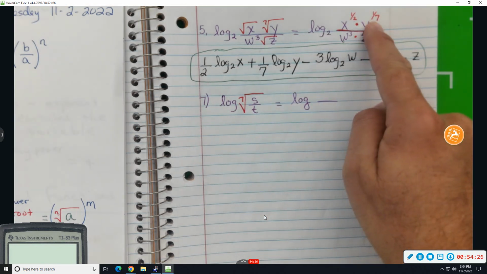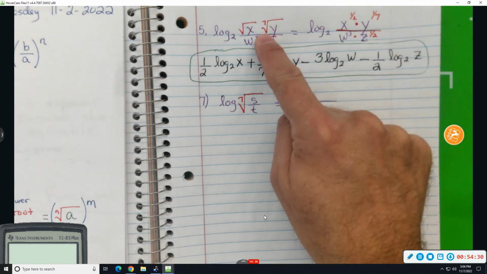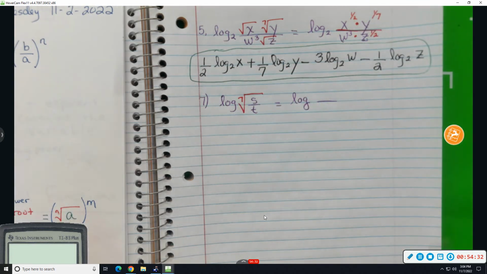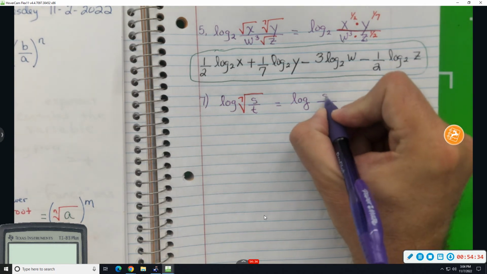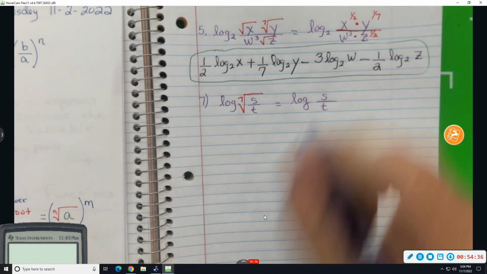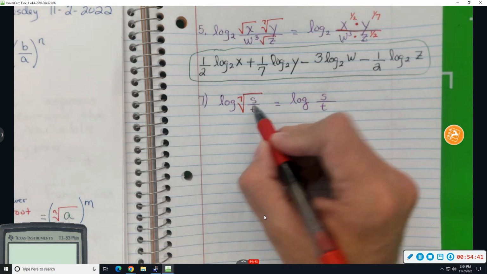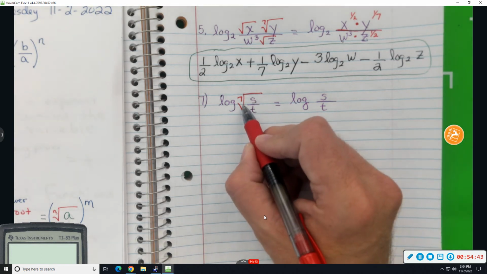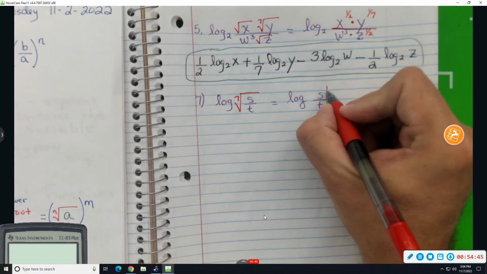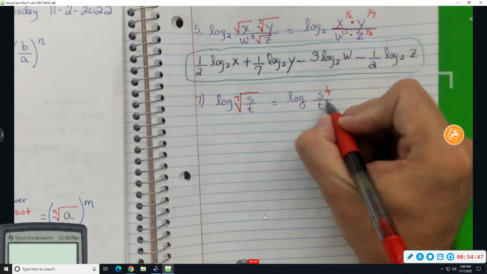So a 1 over 7 exponent is the same thing as a 7th root. So this is a little tricky. Both of these, the S and T, are both under that 7th root. So you have to put the exponent on both of them.